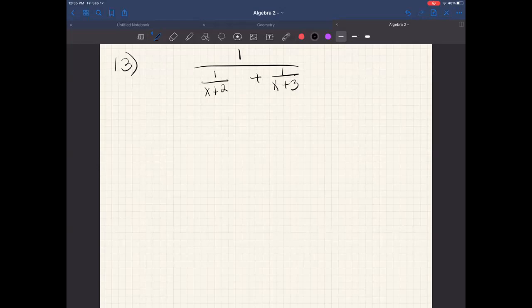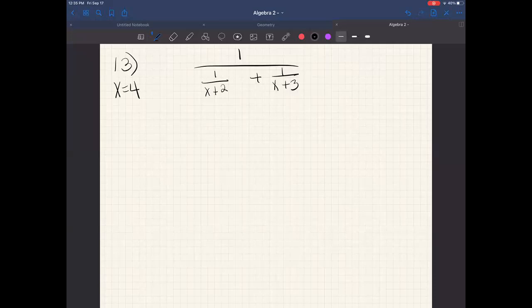What number greater than 3 do I want to use for this wonderful little problem? 6. Oh my gosh. Forget you guys. I'm using 4. I'm not going to go 6. I could, but I don't need to. Okay, I just need to go 4. I like the enthusiasm, but we're going to keep it simple.